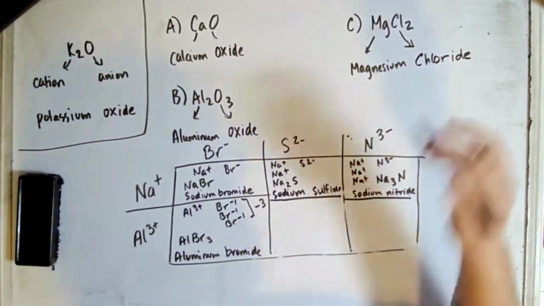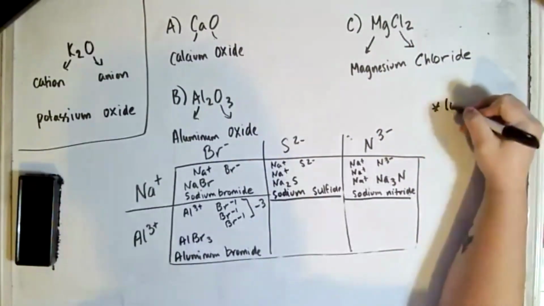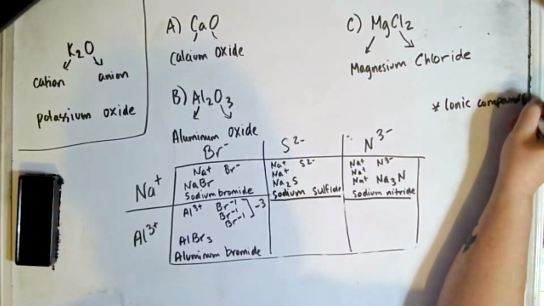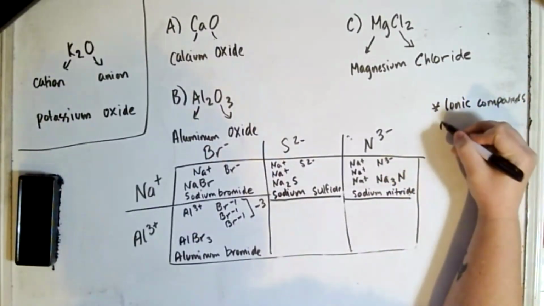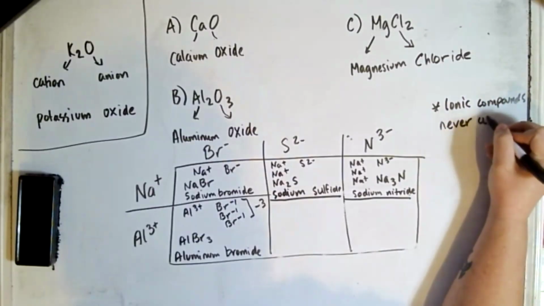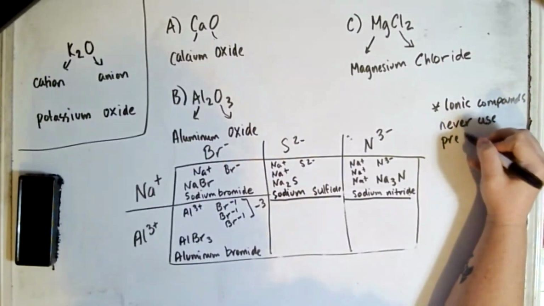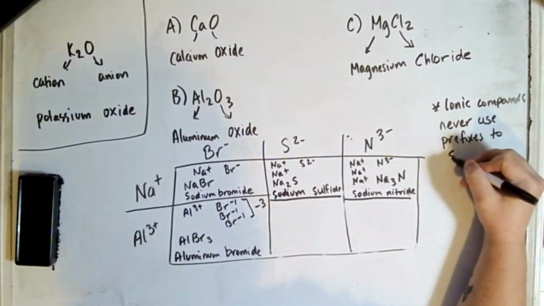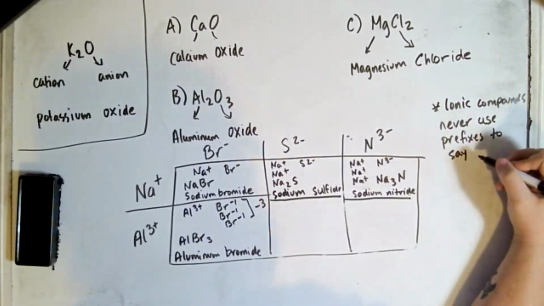What you're going to notice is that for ionic compounds, and I'll write this again later, but it's worth noting now, ionic compounds never use prefixes to say how many atoms of a particular element there are.